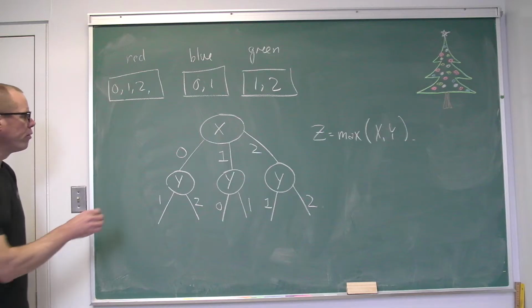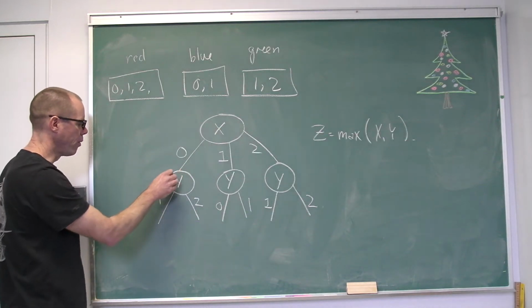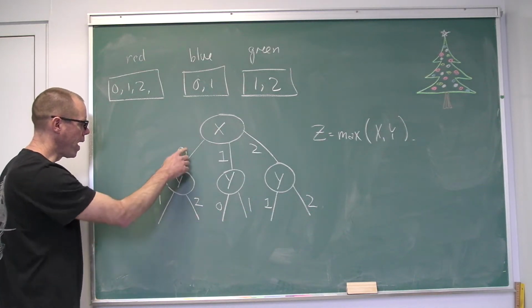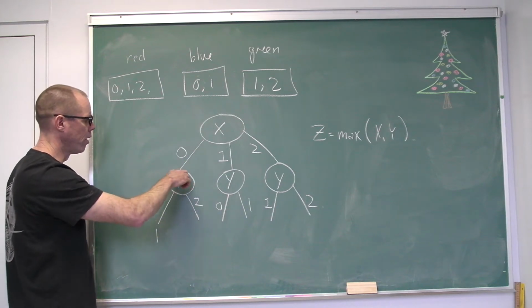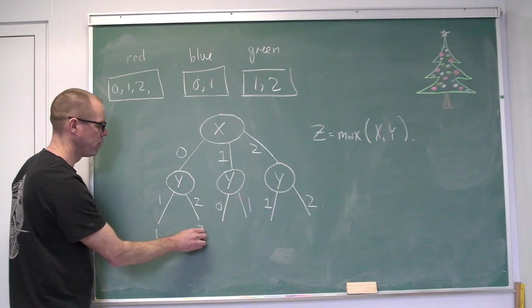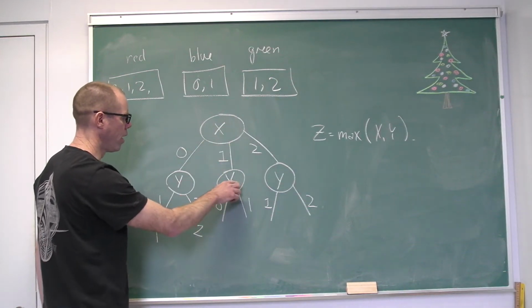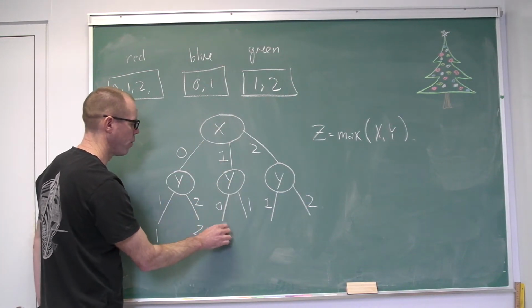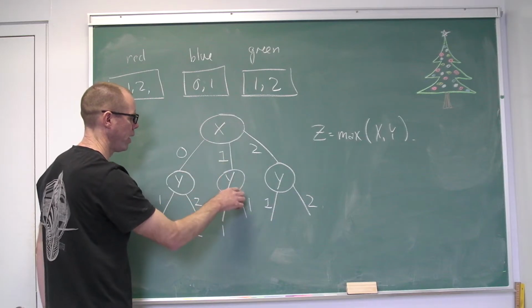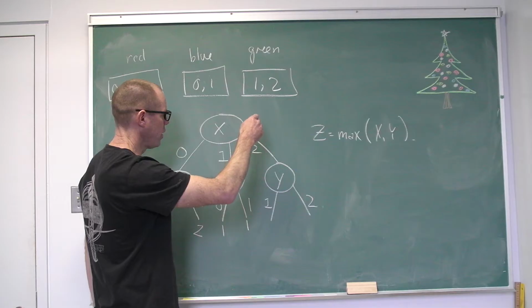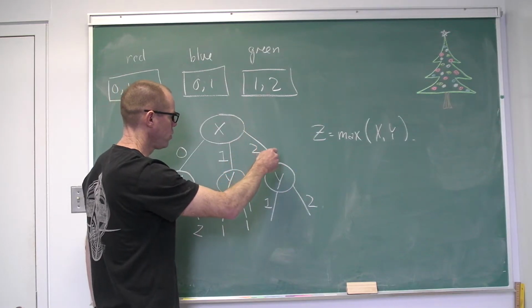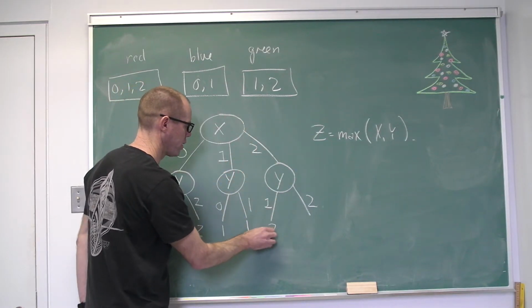So for example, if we choose x equals 0 and then y equals 1, then the maximum of those two values is 1. If x equals 0 and y equals 2, the maximum is 2. X equals 1, y equals 0, the maximum is 1. X equals 1, y equals 1, the maximum is 1. X equals 2, y equals 1, the max is 2.